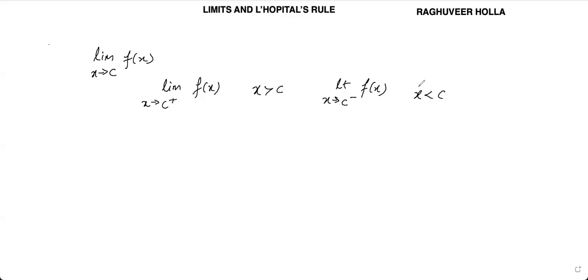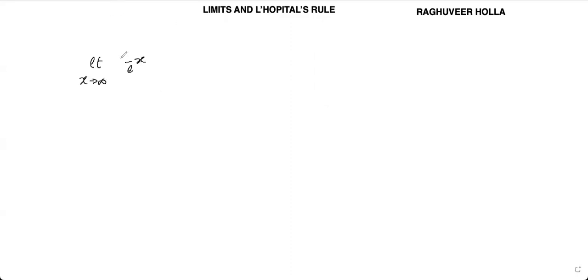Now let us evaluate the limits. The limit x tends to infinity e to the power of minus x. So e to the power of minus x is 1 by e to the power of x, which can be written as limit x tends to infinity 1 by e to the power of x.